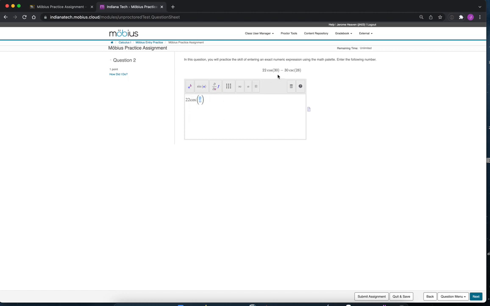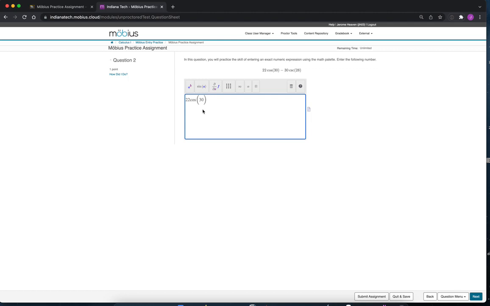And then there's a 30 inside the parentheses. Notice that this little placeholder A is already selected. It's highlighted. So if I just type 30, it's going to replace the A and put the right number there. And then I have to move my cursor outside of that parentheses by hitting the right arrow.